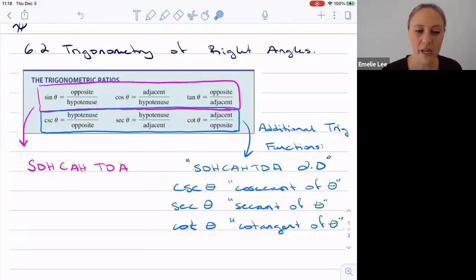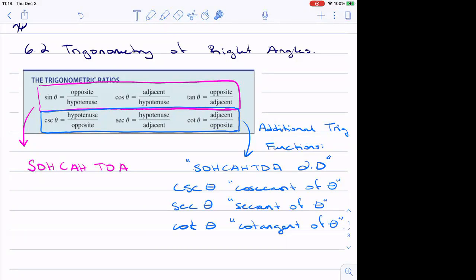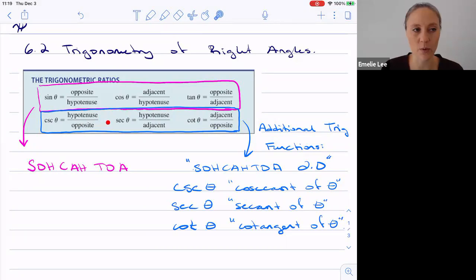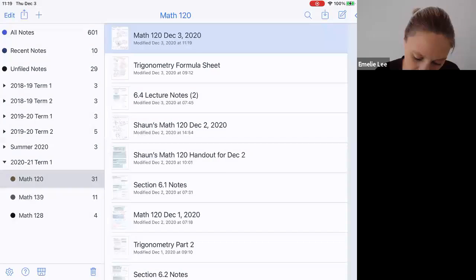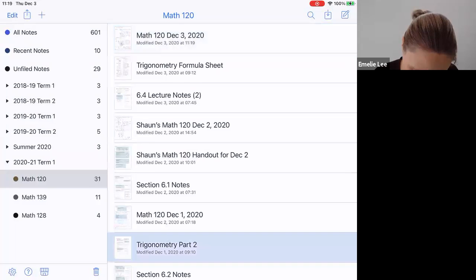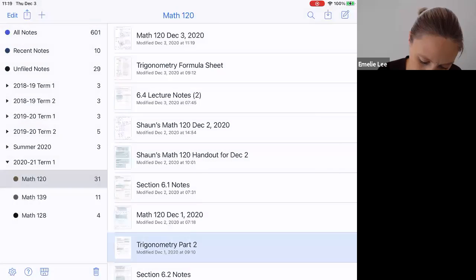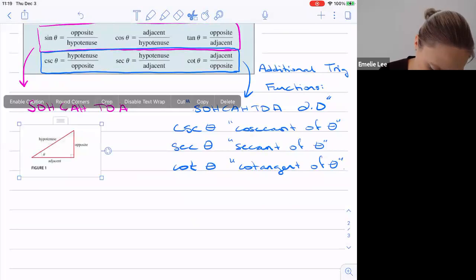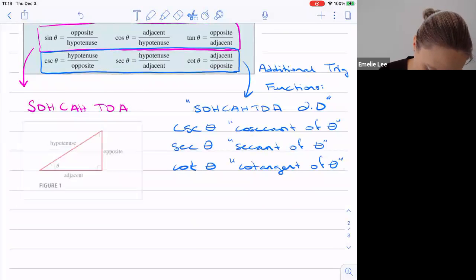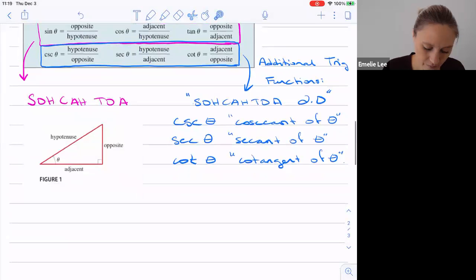All right. So we can use these additional trig functions, but we use them the exact same way that we used SOHCAHTOA, right? And so just remember that if we have a triangle like this, theta is our angle.